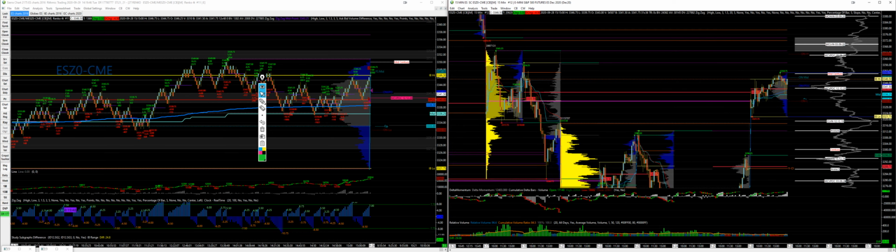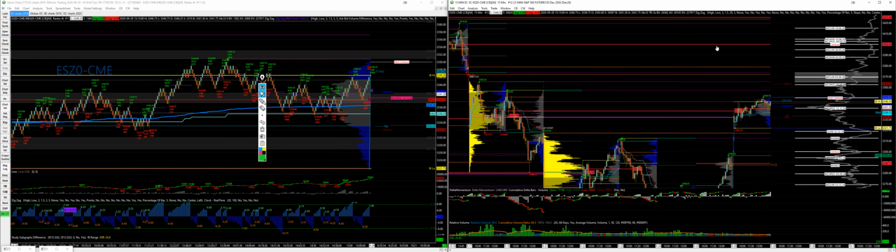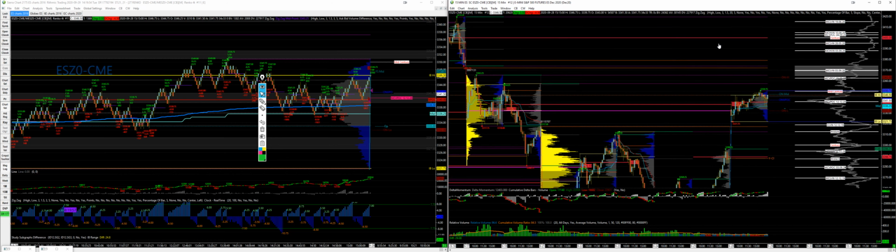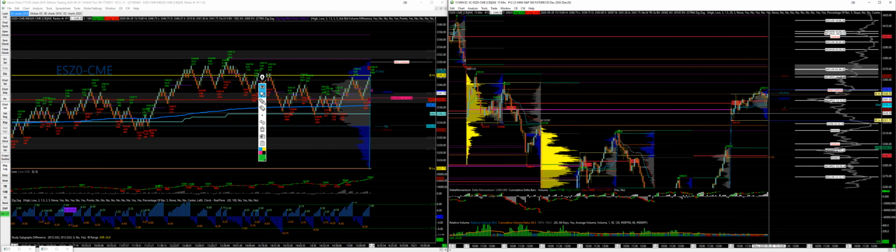we are currently inside this balance here. From the 17th and 18th of September, inside that balance, on top of the composite VPOC. We balanced yesterday again, we're balancing overnight.